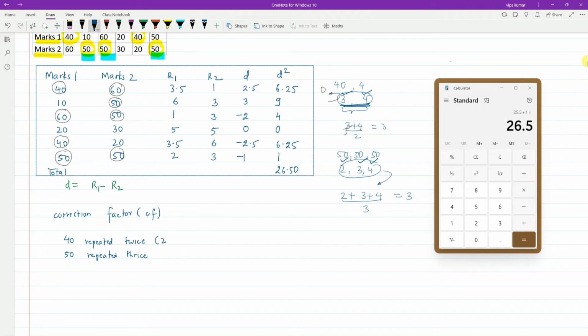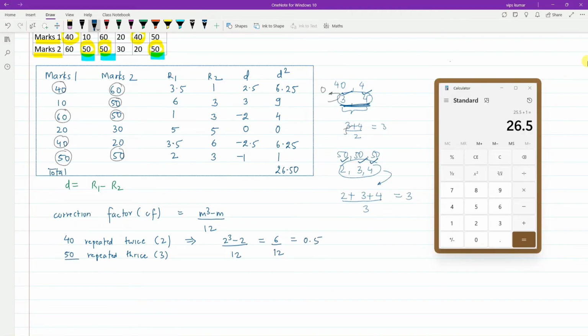The formula for the correction factor is m cube minus m upon 12, where m is the number of repetitions. For 40, the correction factor is 2 cube minus 2 upon 12, that is 8 minus 2, which is 6 upon 12, and that's 0.5.